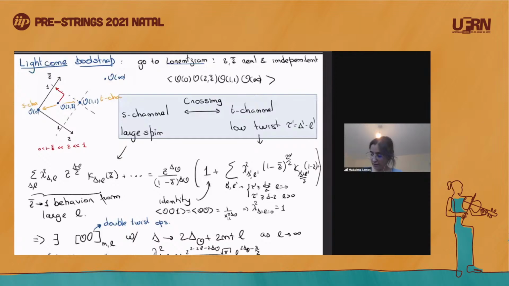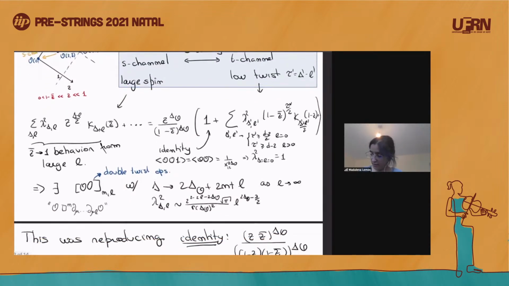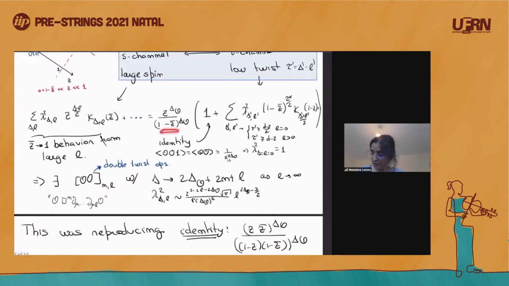This was just reproducing the identity. In the leading z bar to 1 limit and z small, this is how the identity contributes, but the whole identity, if you look back at the crossing equation, is this.